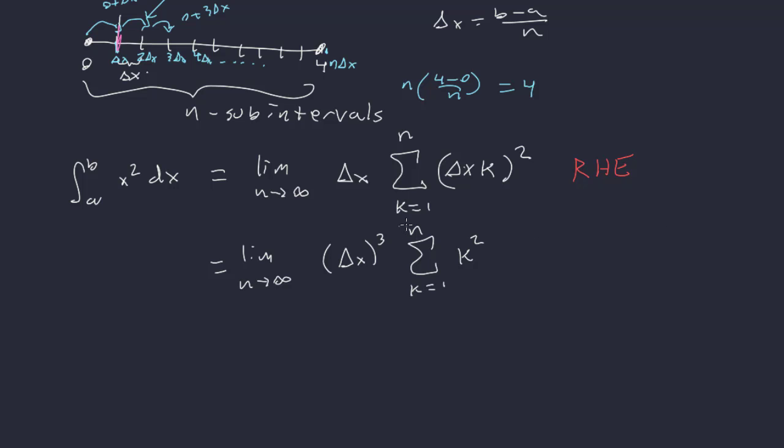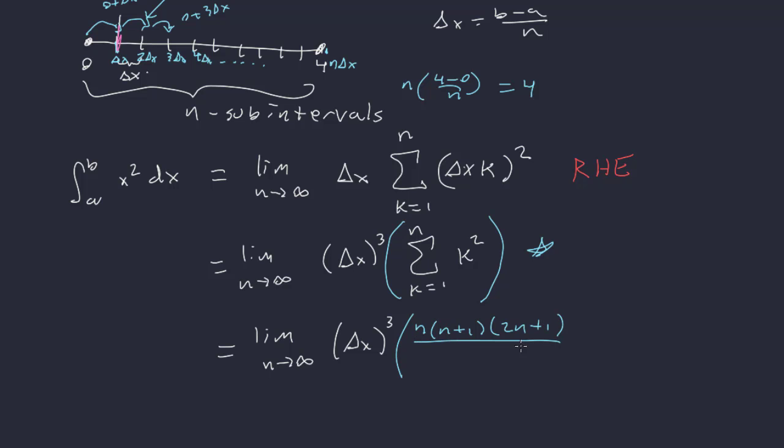I want to replace that with what we were given in star, right? So this will be the limit as n goes to infinity. I'm going to leave this as delta x cubed. And then here, I'm just going to put in what we were given. That was n times n plus 1 times 2n plus 1, all divided by 6.